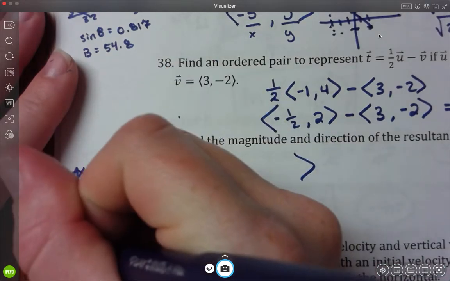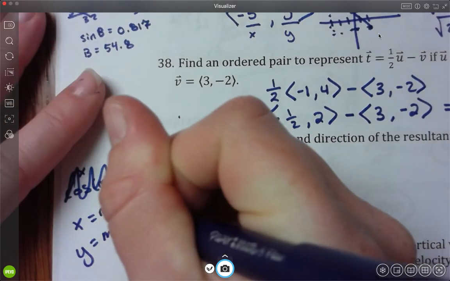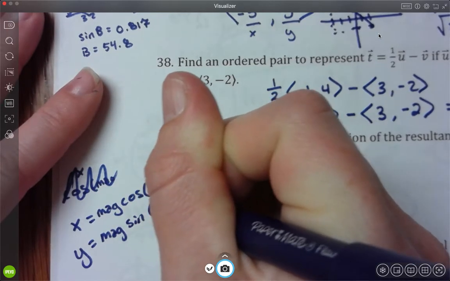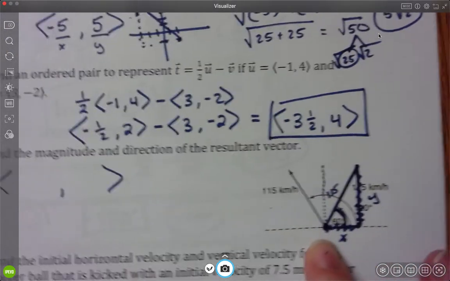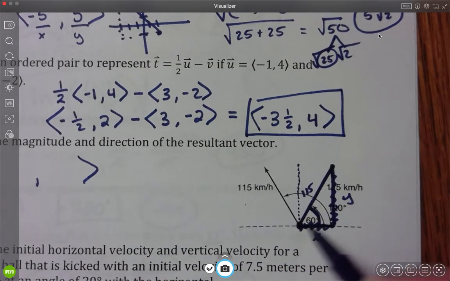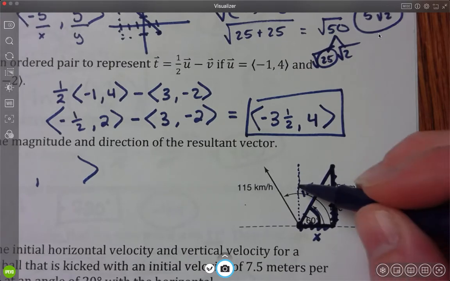The y is equal to the magnitude times sine of the angle. Okay. So if I have this going on here, that's the reason for that. I'm trying to find the x direction, that's cosine. I'm trying to find the y direction, that's sine, because it's opposite over hypotenuse and adjacent over hypotenuse.